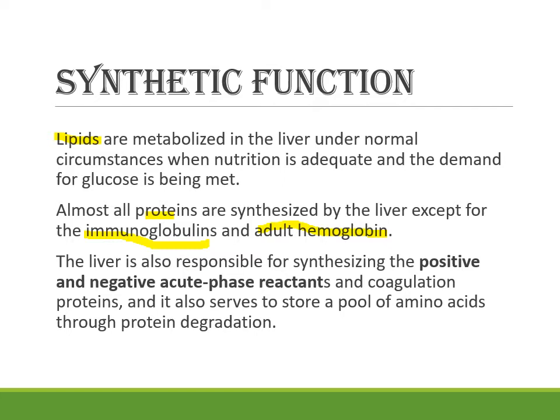So the liver also is responsible for synthesizing acute phase reactants. What do you mean when you hear the word acute phase reactants? These are markers in the body that usually increase or decrease, especially if the body is experiencing inflammation or malignancy. We have two classifications of acute phase reactants: the positive and the negative acute phase reactants.